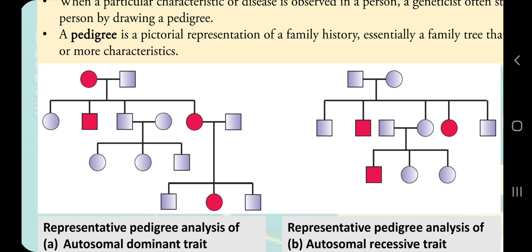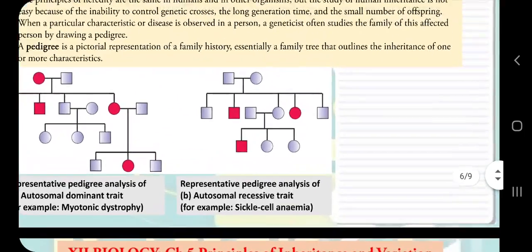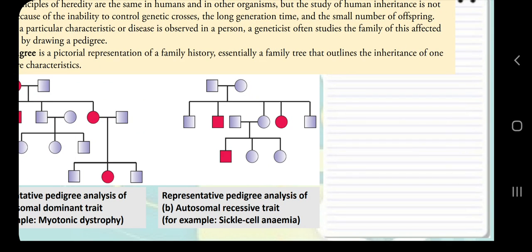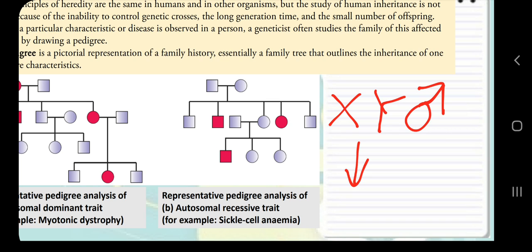Now coming to the X chromosome, there are more interesting patterns you can observe. Any male has an X and Y chromosome, but the son of this male will never ever have his father's X chromosome.